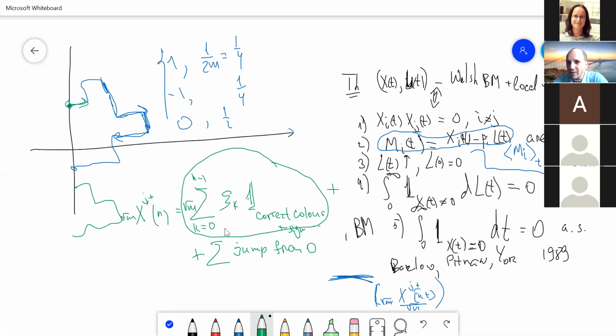So intuitively, it's more or less clear. And properly normalized, this number of jumps from 0 will converge to a local time times some proportion.